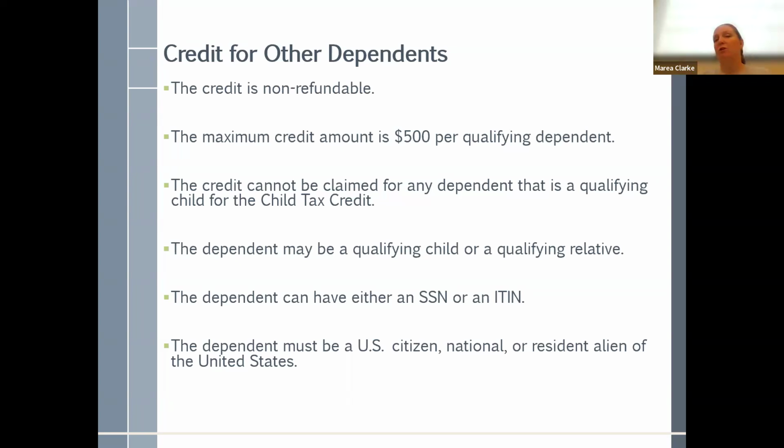If you go back into that Publication 4012, there's a list of what it takes to be a qualifying child and what it takes to be a qualifying relative. The list for qualifying relative can be used for this. In addition, that child can have an ITIN as well as a Social Security number. We see this quite a bit for individuals who have been here long enough to become resident aliens.